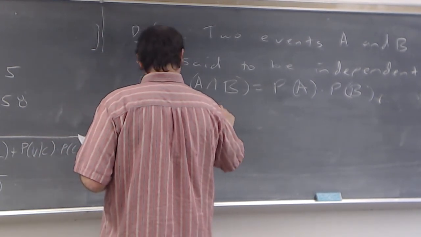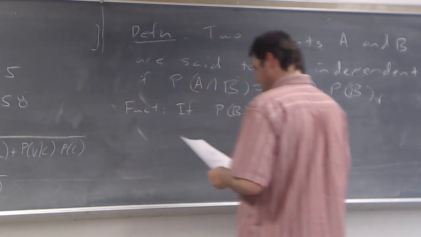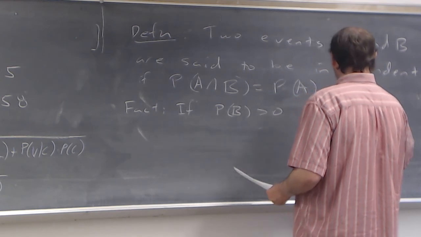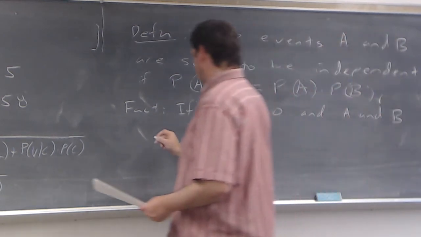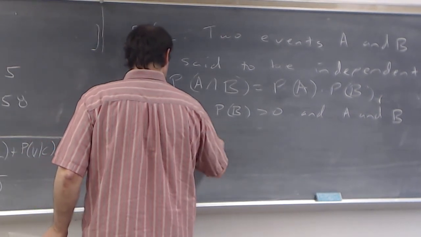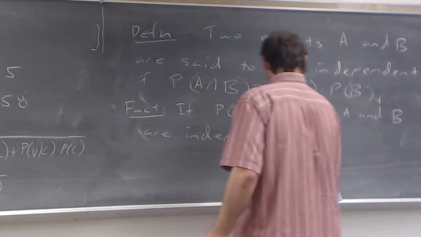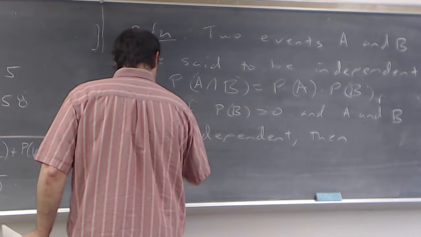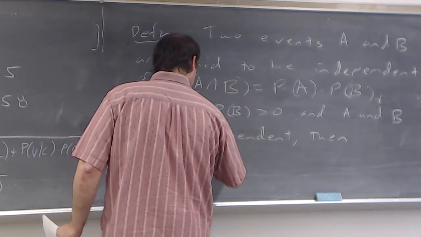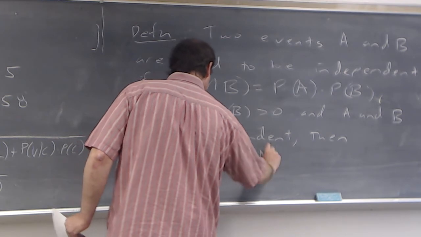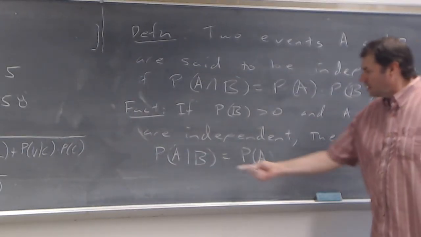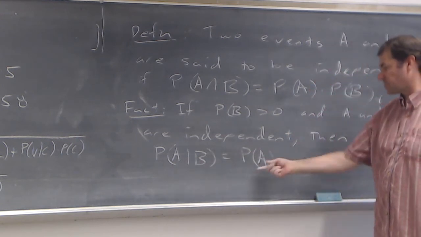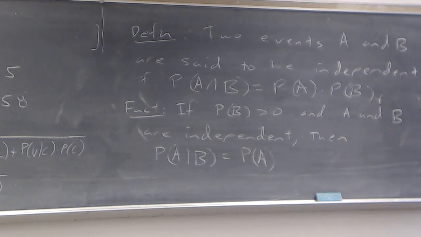If the probability of B is greater than 0 and A and B are independent, then the probability of A given B is equal to the probability of A. So if you know that B happens and you're asked what's the chance that A happens, well, it's the chance that A happened without knowing whether B happened or didn't happen.